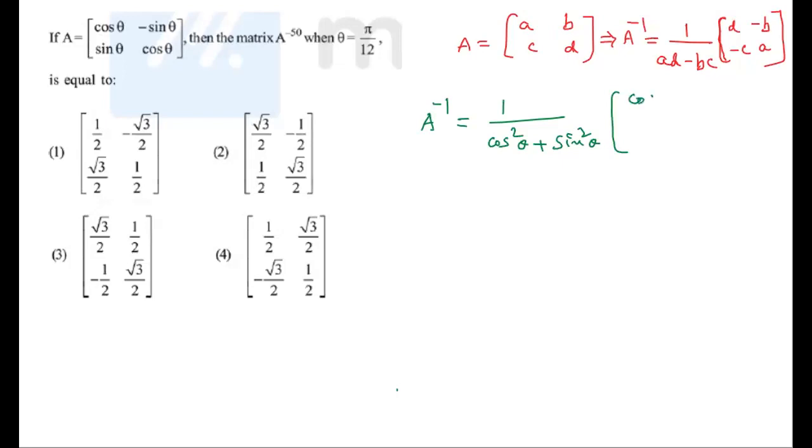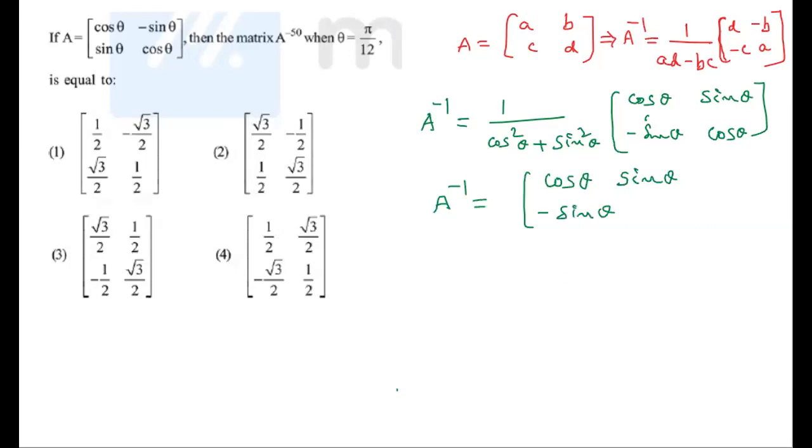We get finally cos theta sin theta minus sin theta cos theta. So cos squared theta plus sin squared theta value is 1. Finally, A inverse is equal to cos theta sin theta minus sin theta cos theta. This is A inverse.